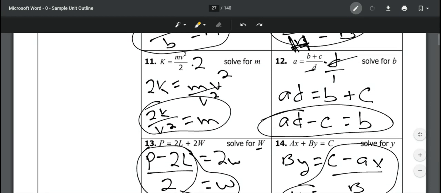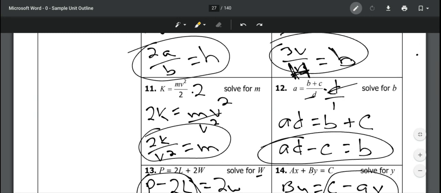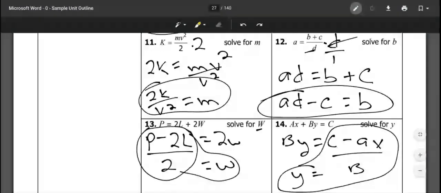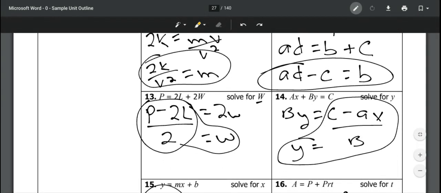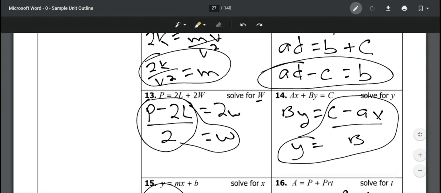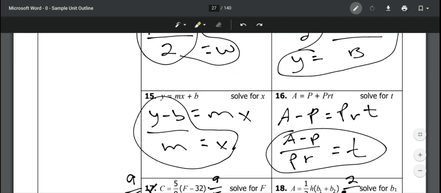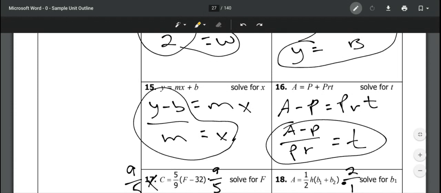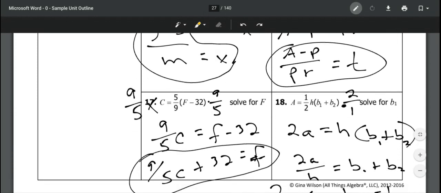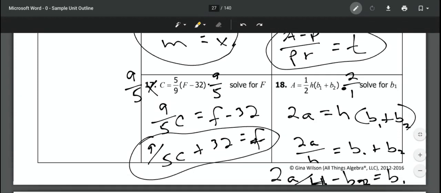There's just not enough room when I have to write on here. But you can see the answers to 11 and 12, 13 and 14, 15 and 16, 17 and 18 bring in the fraction.